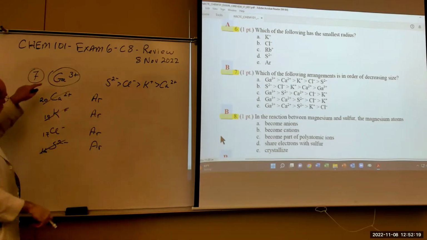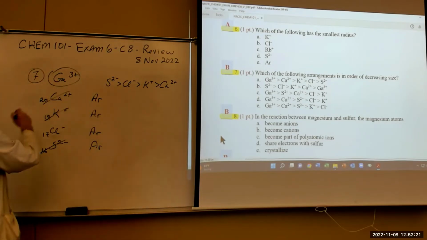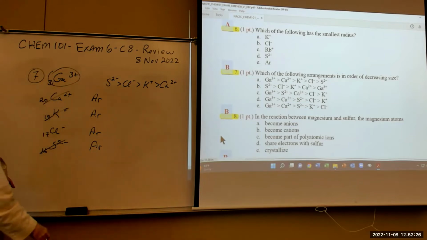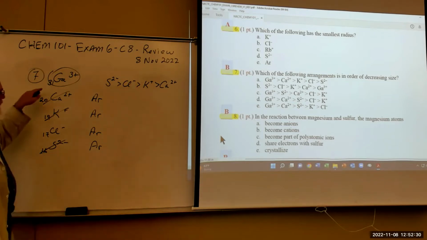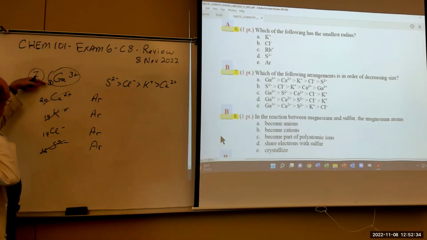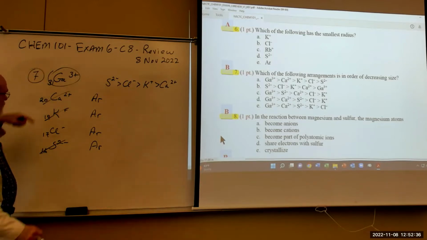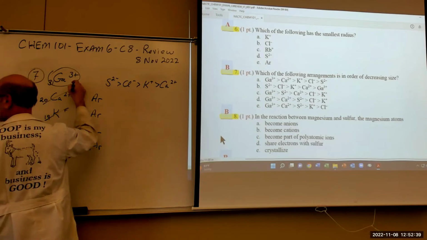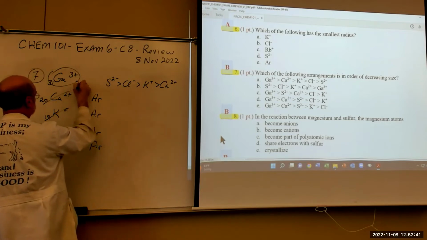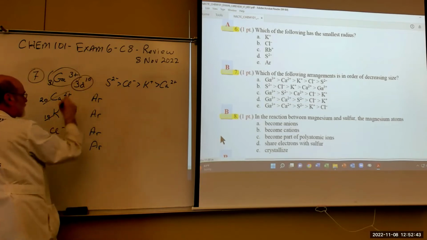Okay, now we've got to figure out what to do with gallium. Gallium is 31. Here's why gallium is the biggest one. Even though it's got more protons, it also has a complete 3D. It's got a complete 3D.